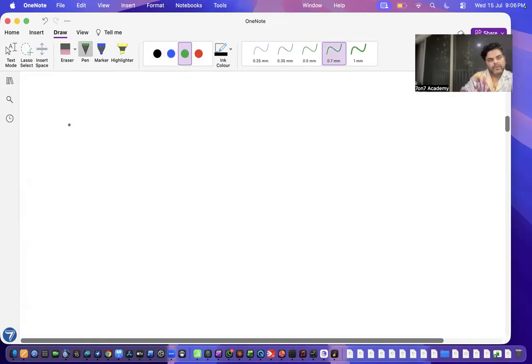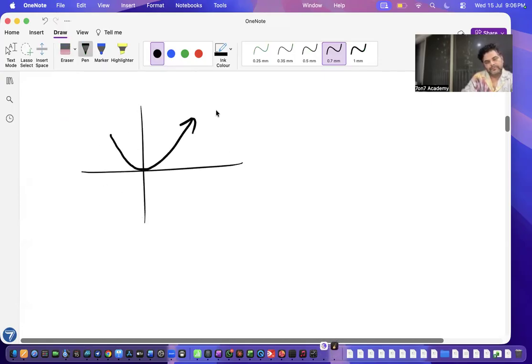If I say I have two curves, one is y is equal to x square, and the other one is a line, which is y is equal to kx minus 3, meaning this line passes through here.